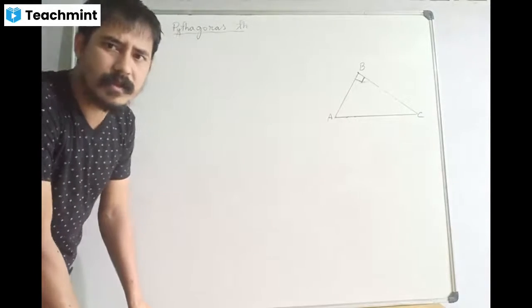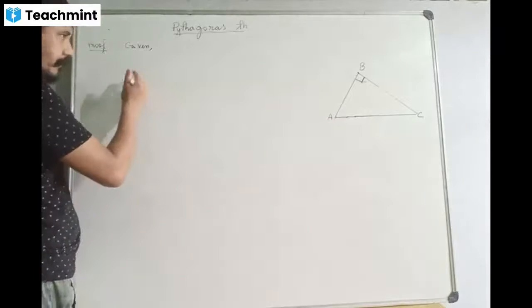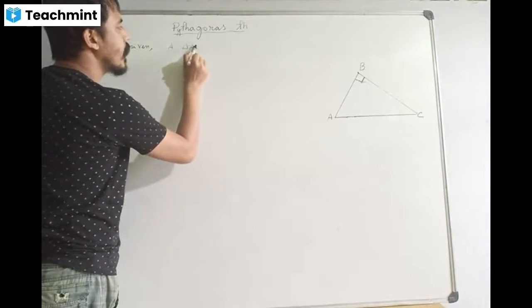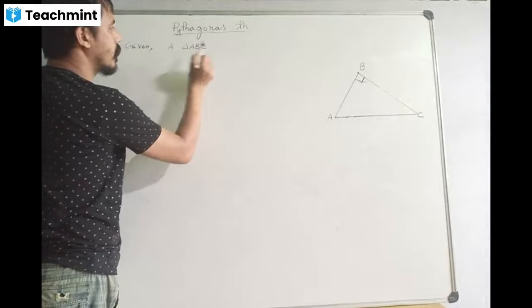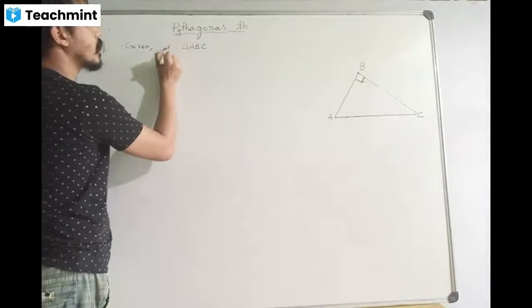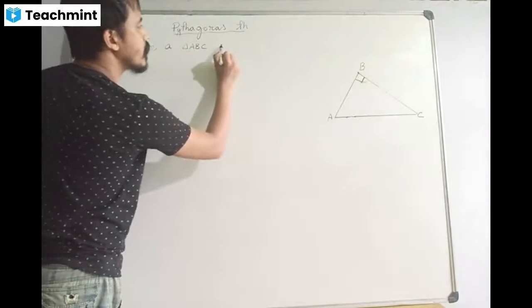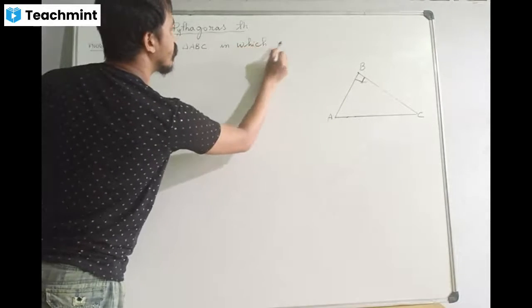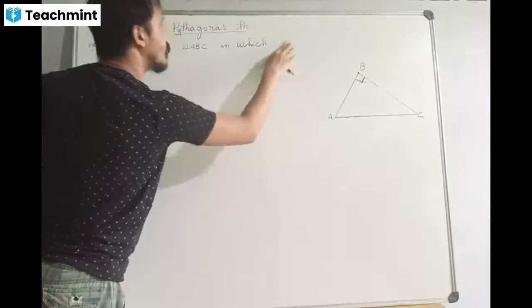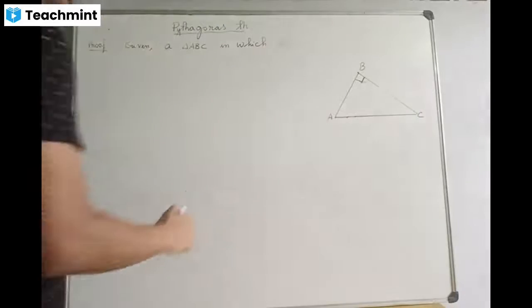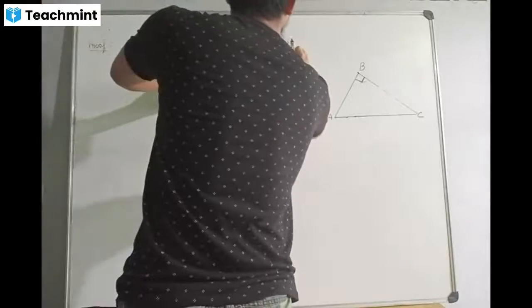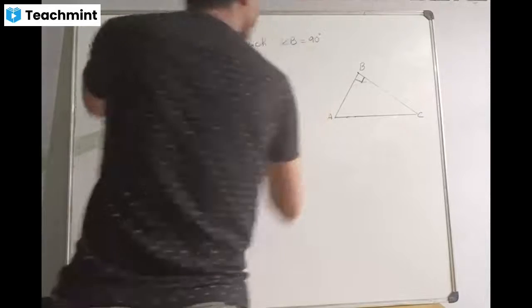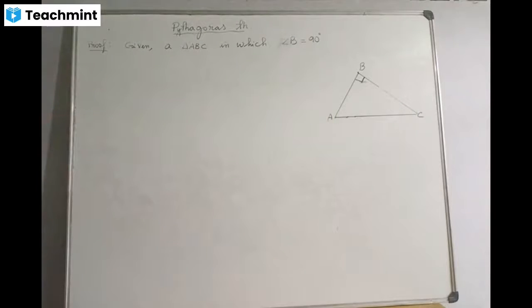So, given a triangle ABC in which angle B is equal to 90 degrees. That is all.